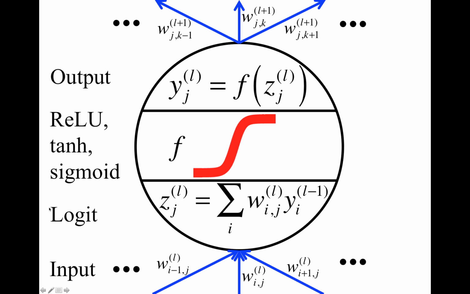The logit of this neuron is just the weighted summation of all the inputs coming into this neuron. This calculation is actually linear with respect to the input. The logit is a linear function of the input. It's just a multiplication with a weight and then a summation.